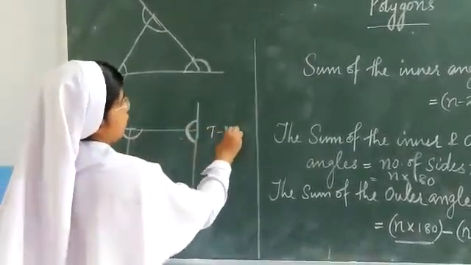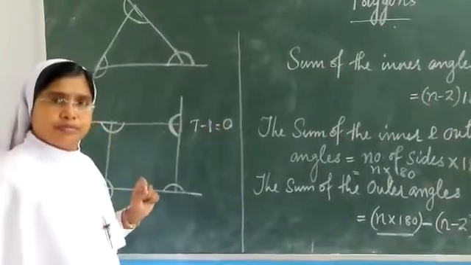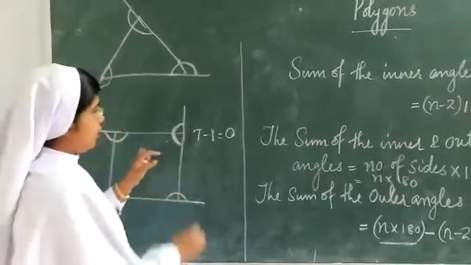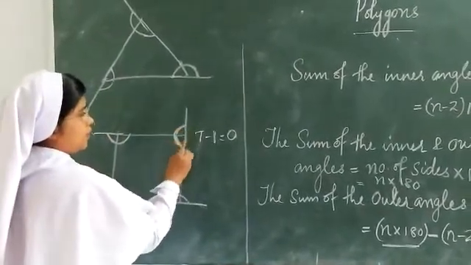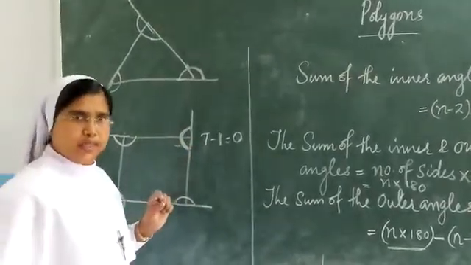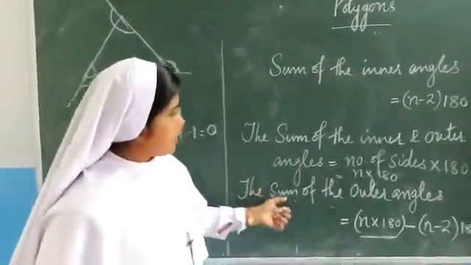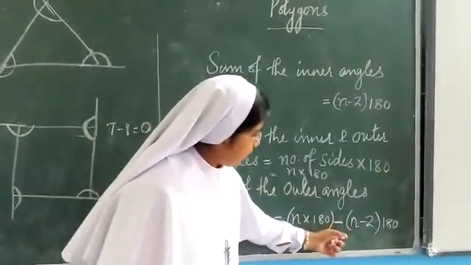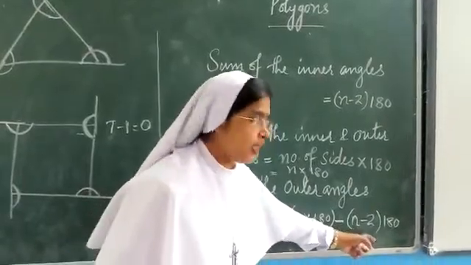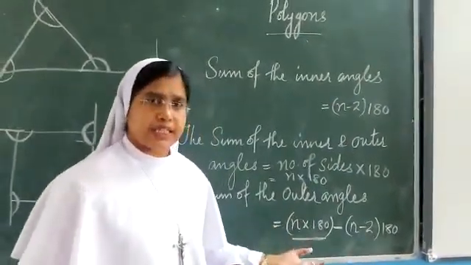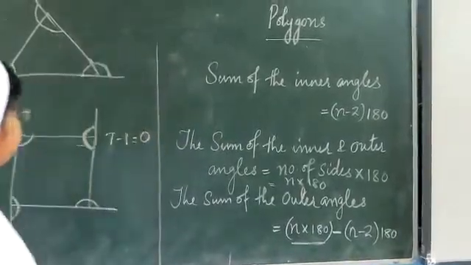In order to get the outer one, from the total we have to subtract the inside one, the sum of the inner angles we have found out here. Let us see whether we get 360 or not. Let's prove.